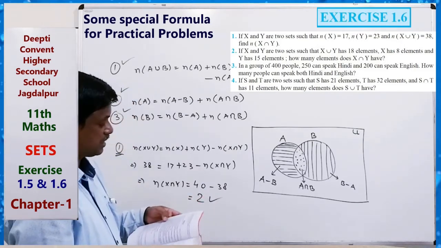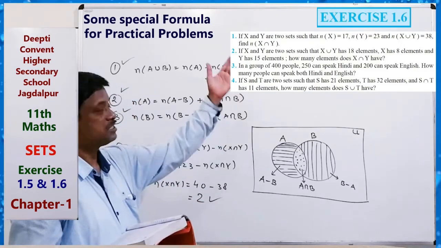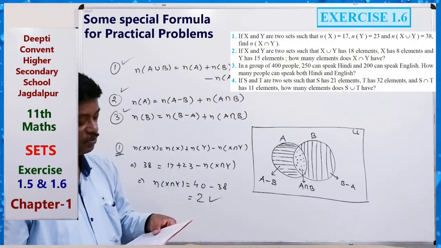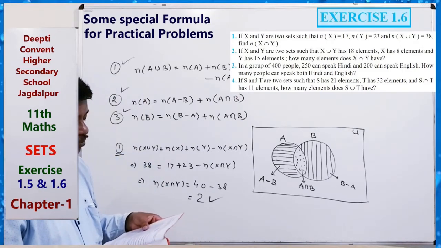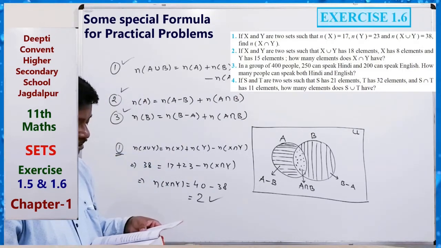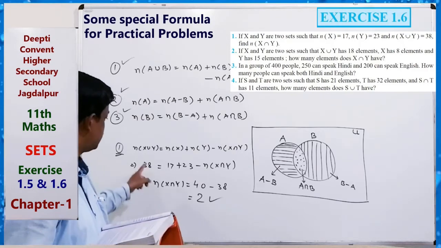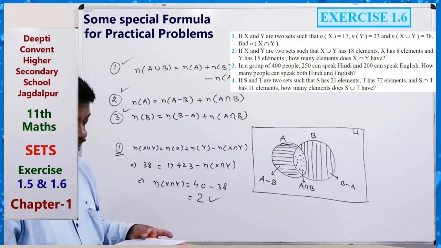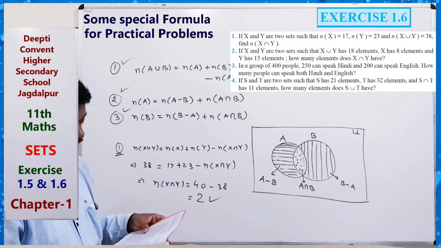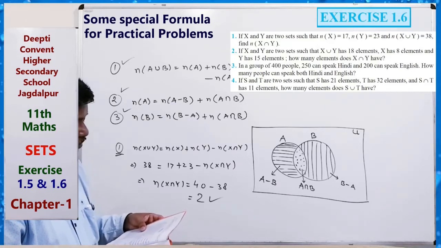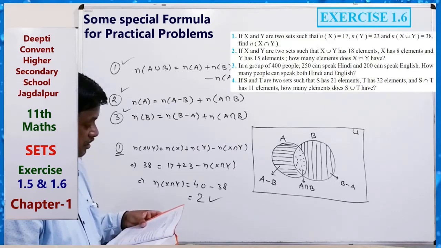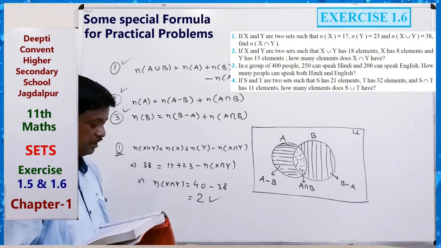The second question is similar. X and Y are two sets such that X union Y has 18, means this is 18, and n(X) is 8, n(Y) is 15.